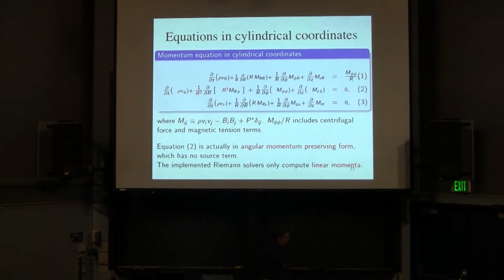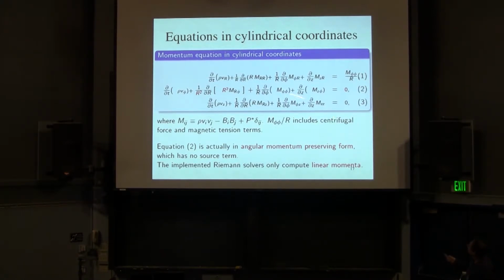So what changes with cylindrical coordinates? The first thing that changes are the equations, but only in simple ways. Really the only equations that change much are the momentum equations. These are the three components of the momentum equations in cylindrical coordinates: the radial momentum equation, the azimuthal, and the vertical in the z direction.